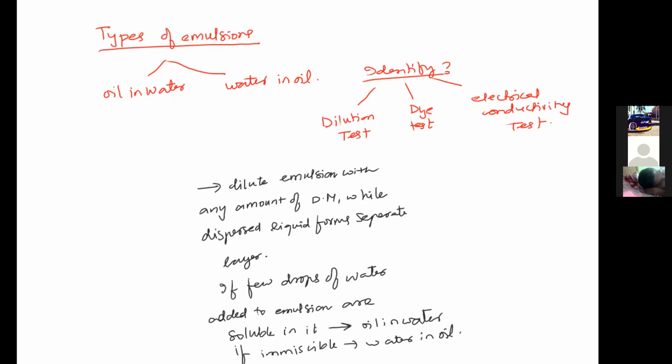How do we do the dye test? A small amount of oil soluble dye gives uniform color to the emulsion. Then it is water in oil.